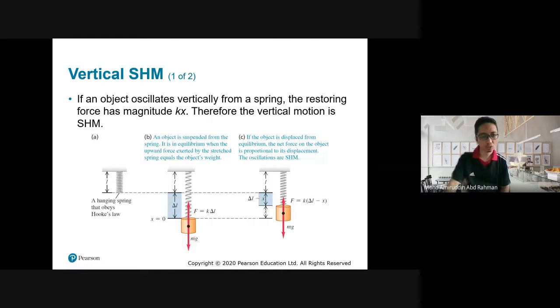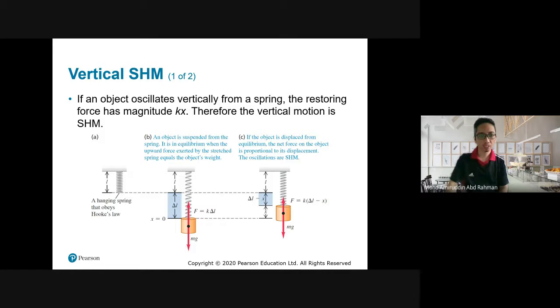The relationship is that we have the force, F equals k delta L, where delta L is the displacement that we made. Once we put the load on the spring, the spring will go back and forth, up and down, a couple of times.